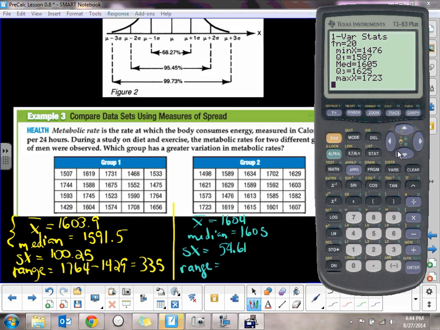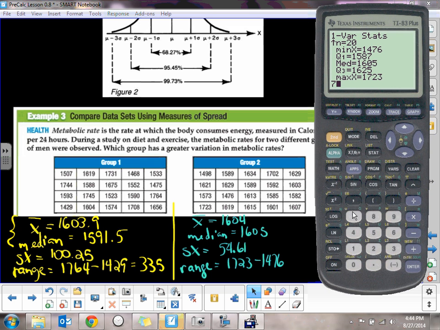The highest was 1723, and we're going to subtract the lowest, and the min was 1476. Now I'll run that calculation. I didn't get the 17, so let me back up and see if I get it typed in. 1723, and we want to subtract from that our 1476, and our range is 247.